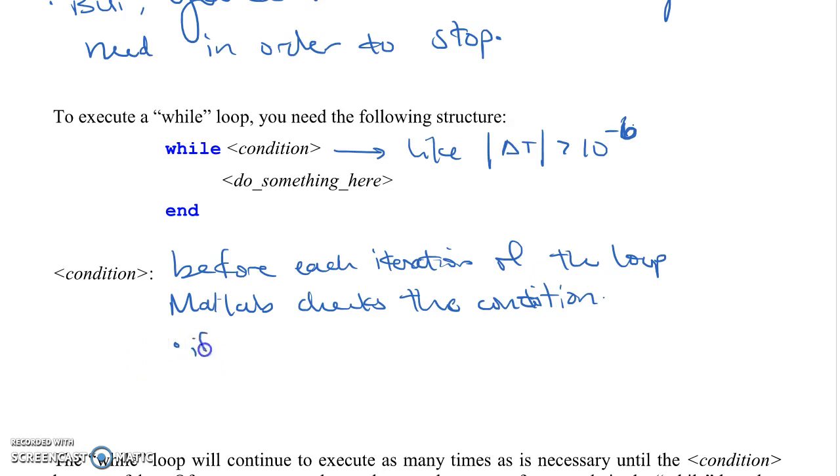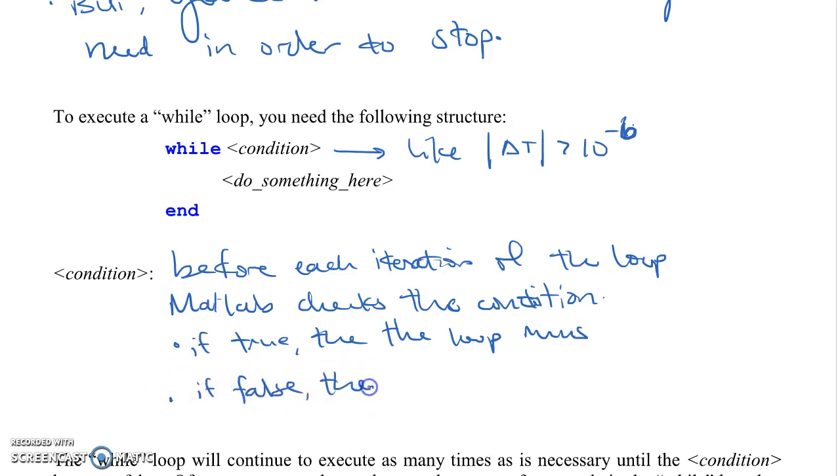So if the condition is true, then the loop runs. Well, it runs once, right? The iteration runs. And then if false, then the loop doesn't run anymore. The loop stops.